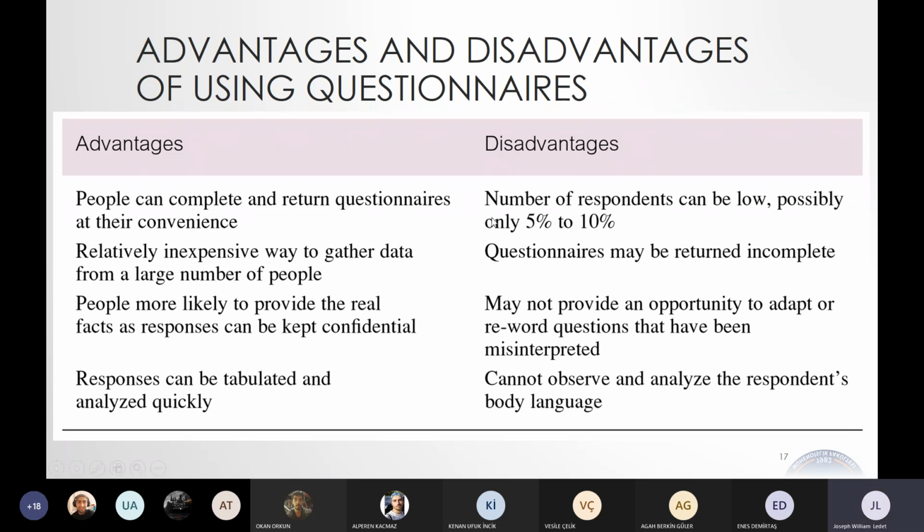All right. Now, as we said over and over again, advantages come with disadvantages too. Number of respondents can be low, especially if, like, so who was it? Someone mentioned the interviewing being mandatory. Your OBS questionnaires are also mandatory, so we always get 100% return on that, but it's not always the case, right?